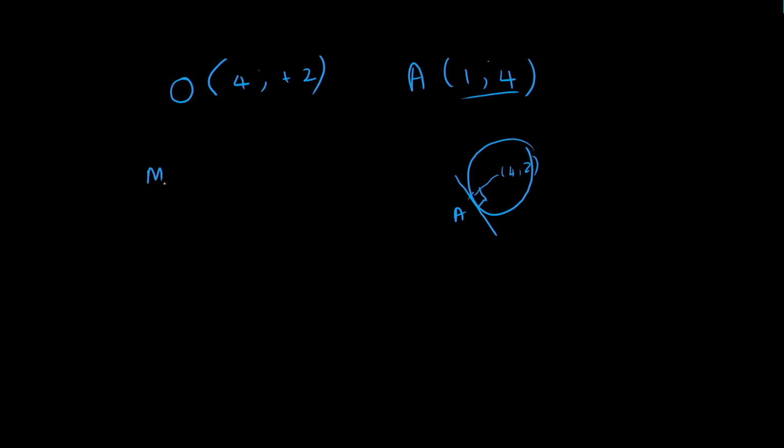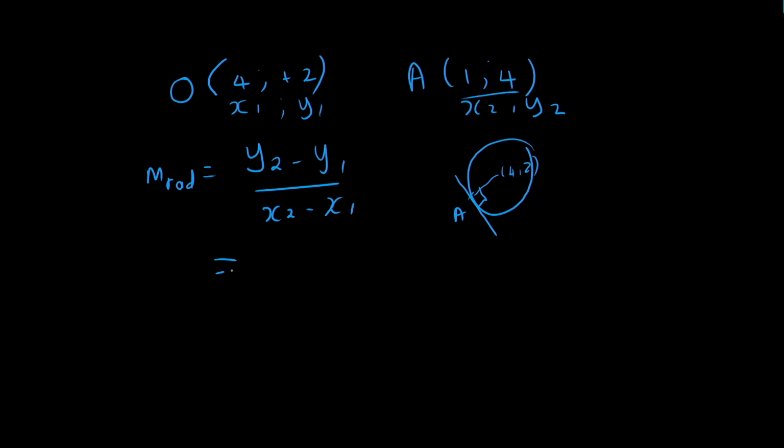So the gradient of the radius is going to be equal to, remember the order is very important here, you cannot swap x1 and y1 and x2 and y2 around. A good idea is to label your coordinates as x1, y1, x2, y2. We then apply the formula for gradient, y2 minus y1 over x2 minus x1.